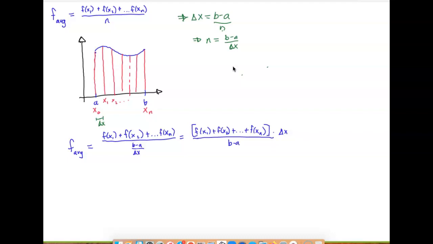Okay, so b minus a will be some constant. So I'll factor that out to just be 1 over b minus a. And then a more concise way of representing this sum, isn't that just sigma of f of xi from i equals 1 to n delta x?